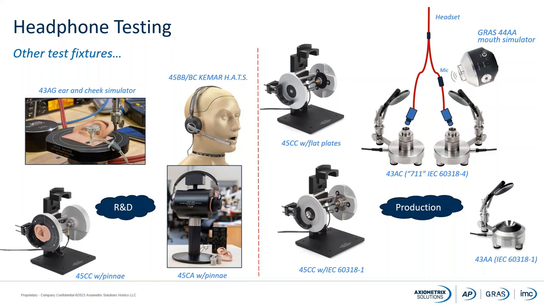For test of in-ear and earbuds, where you need the ear canal, you can either use the 45cc with the IEC60218 ear simulator, or you can use the fixtures called 43AC, which is also an IEC60218-4 ear simulator with the wanted ear canal, or as discussed on one of the previous slides, a 2cc or a 0.4cc coupler can be used for your production line testing.